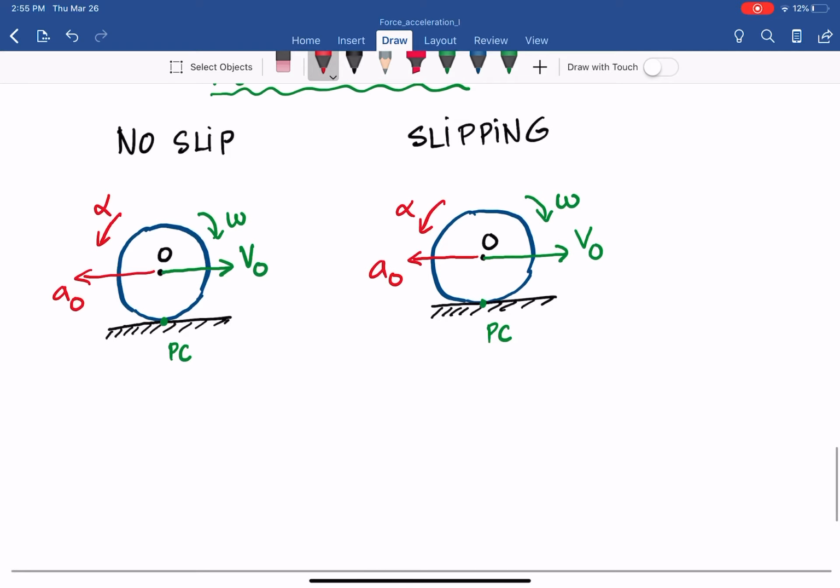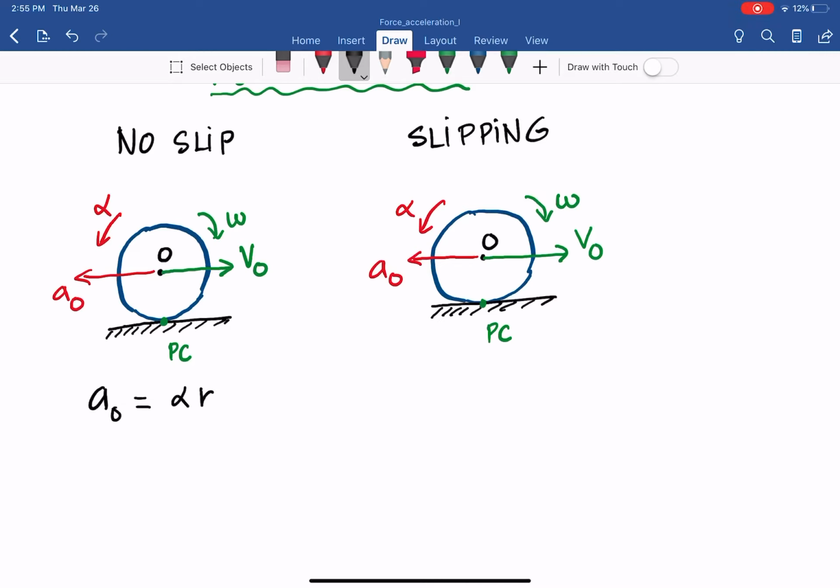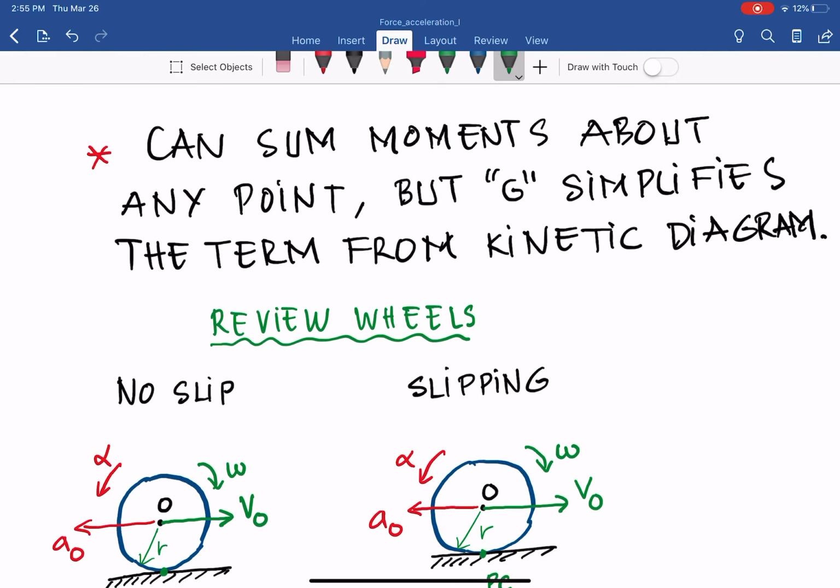If it is a no slip wheel, very important, what do we have? We have the acceleration of the center equal to alpha R, where R is the radius of the wheel. But if it is a slipping wheel, you don't have that.